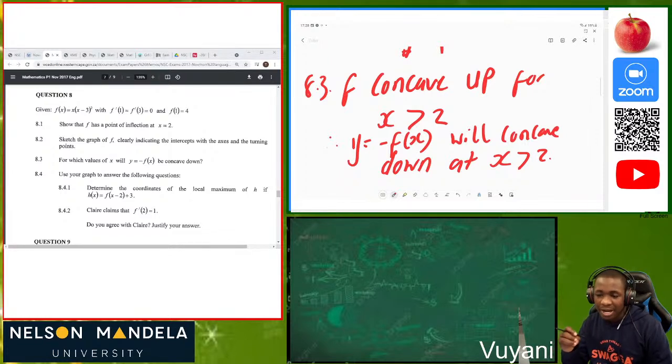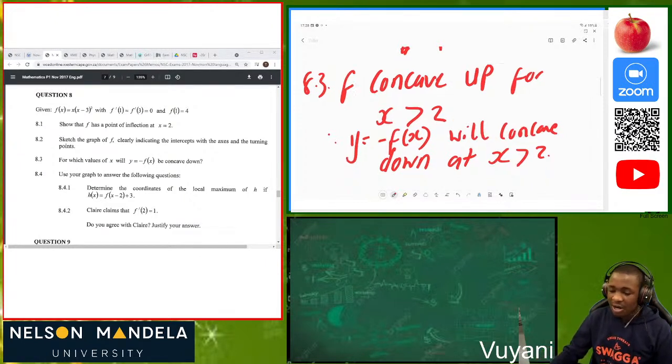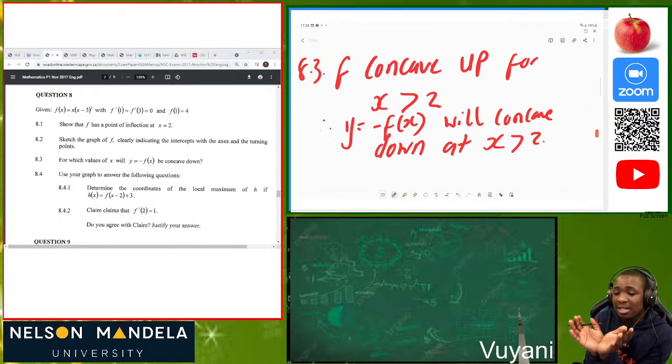Now when it is reflected along the x-axis, the part which was concaving up has to do the opposite, and it's now going to concave down because of the reflection. So where x was greater than 2 on the original, after the reflection that part which was concaving up is now concaving down.